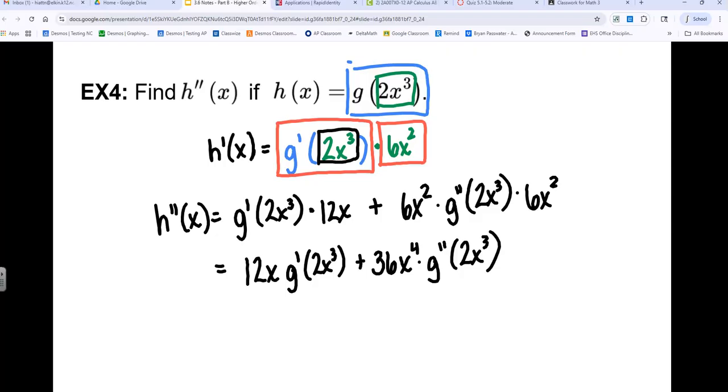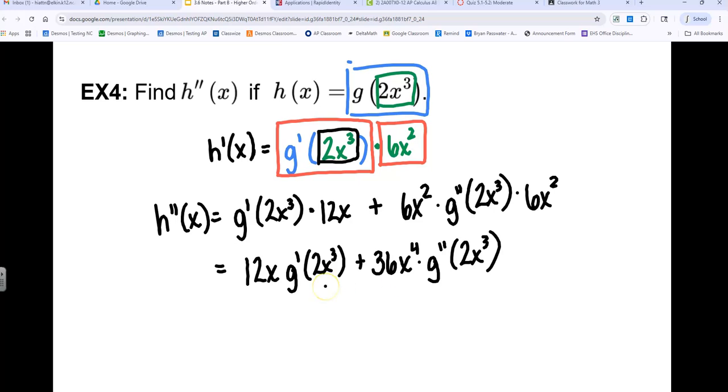You can pull out a 12x out of both terms. You can only pull out the 12x because this is g prime and this is g double prime, and those are not the same. You can't pull it out like one prime after another prime. You cannot treat that like it's a first and a second power and take a single prime out.